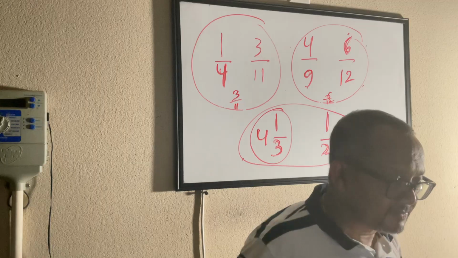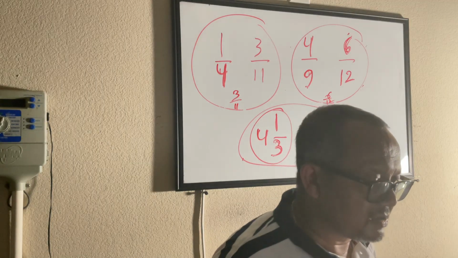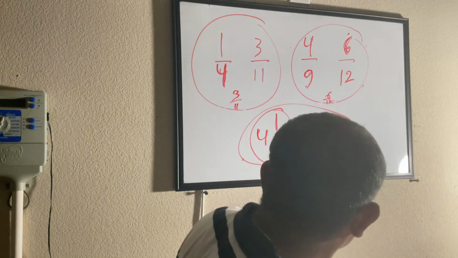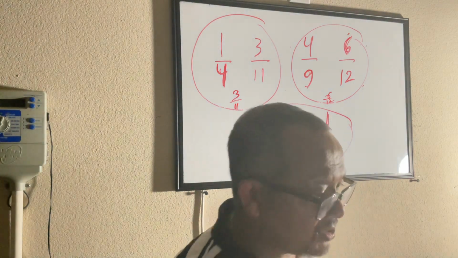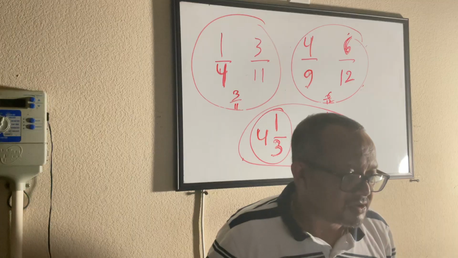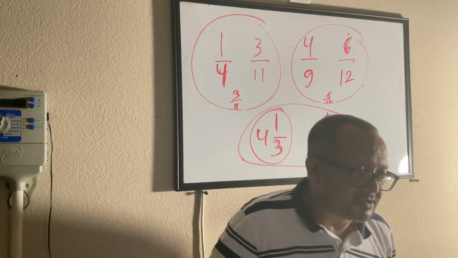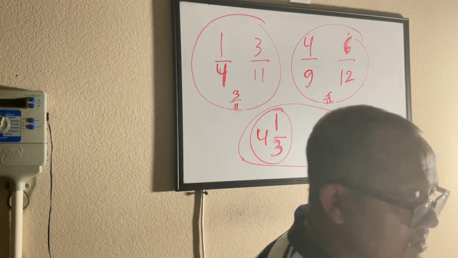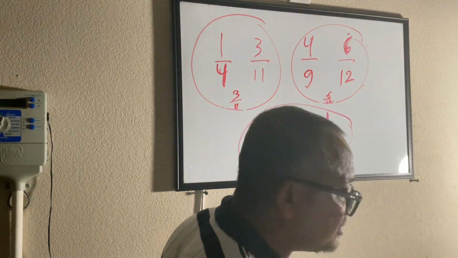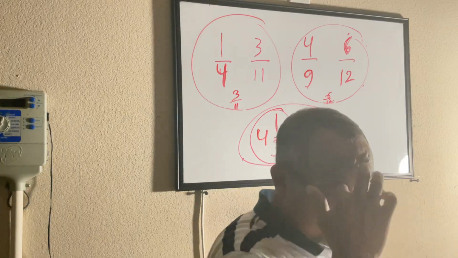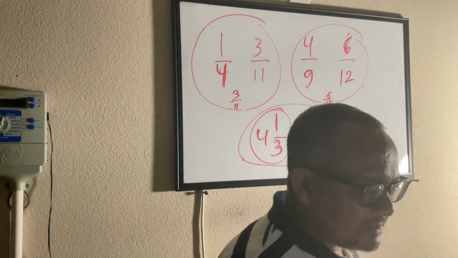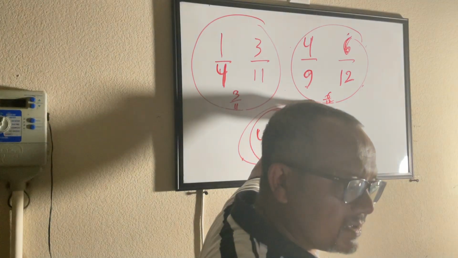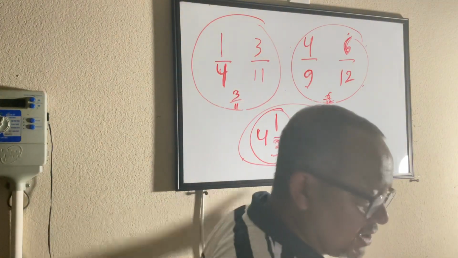Naita, 3 11 is bigger, 6 12 is bigger, and 4 1/3 is bigger. Okay. Mishika, 3 11 is bigger. Okay. 6 12 is bigger. 4 1/3 is bigger. Okay.